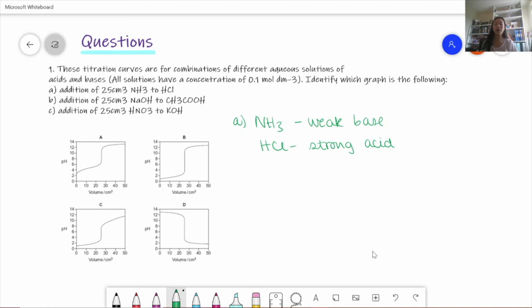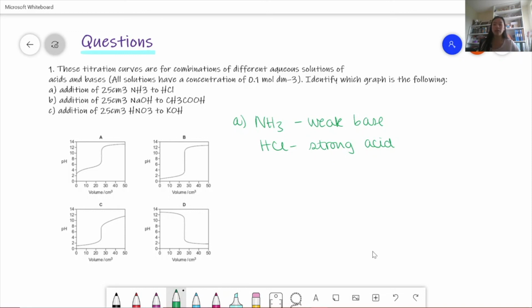Usually weak acids are carboxylic acids, so organic molecules, and the strong acids will be hydrochloric acid, sulfuric acid, nitric acid, those kinds of acids. The strong bases will be the hydroxides, so sodium hydroxide, potassium hydroxide, and you need to remember that ammonia is a weak base.